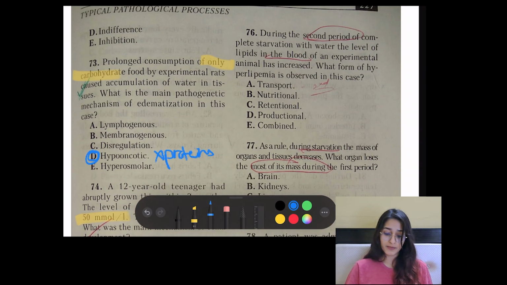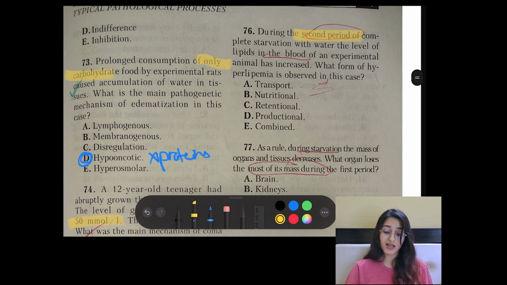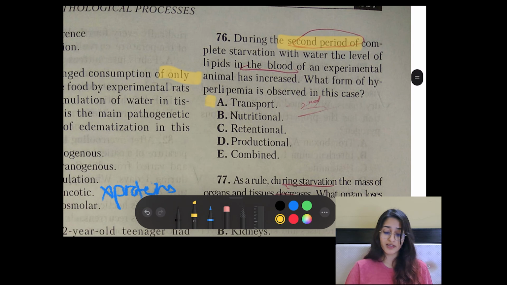Next, during the second period of complete starvation, the level of lipids in the blood of an experimental animal was increased. What form of hyperlipidemia is observed in this case? So this is kind of written in the book only. In the book itself, it is written that transportation lipemia is observed in the second period of starvation. So you just have to know. If you look at the other options, nutritional, no, starvation is happening, so how can there be nutritional lipemia?